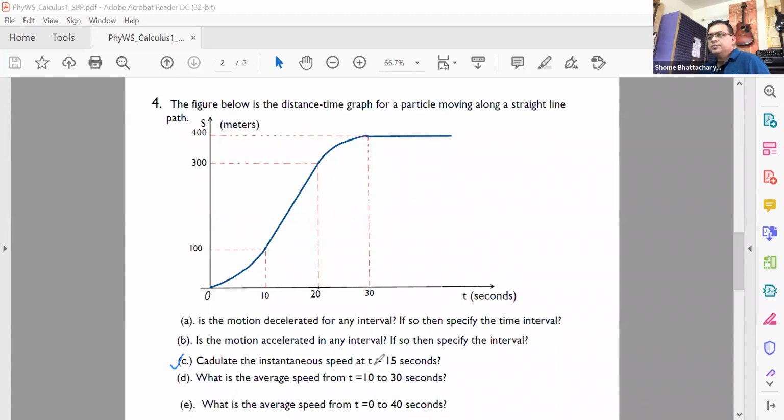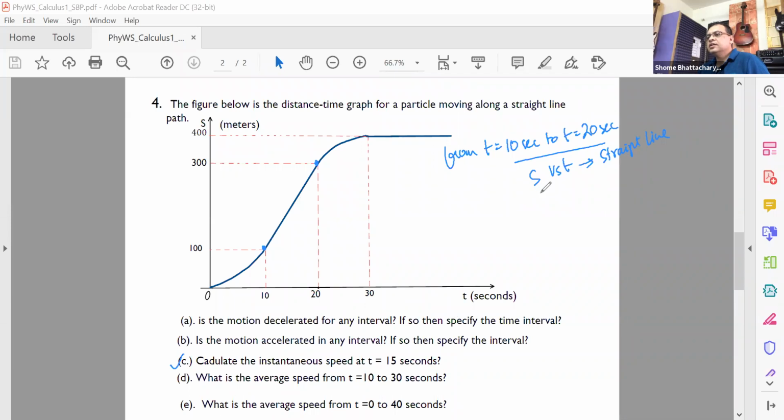Calculate the instantaneous speed at t equal to 15 seconds. Okay, you can see here that in this interval from 10 to 20 seconds, this is a straight line graph. So it's just a matter of observation that from t equal to 10 seconds to t equal to 20 seconds, S versus t is a straight line.